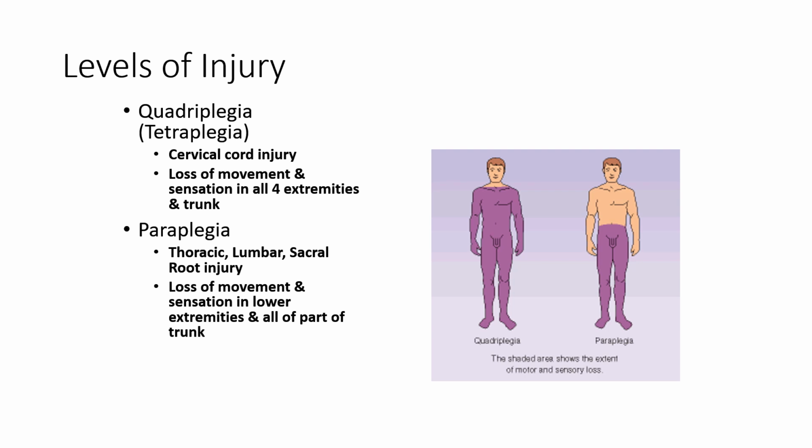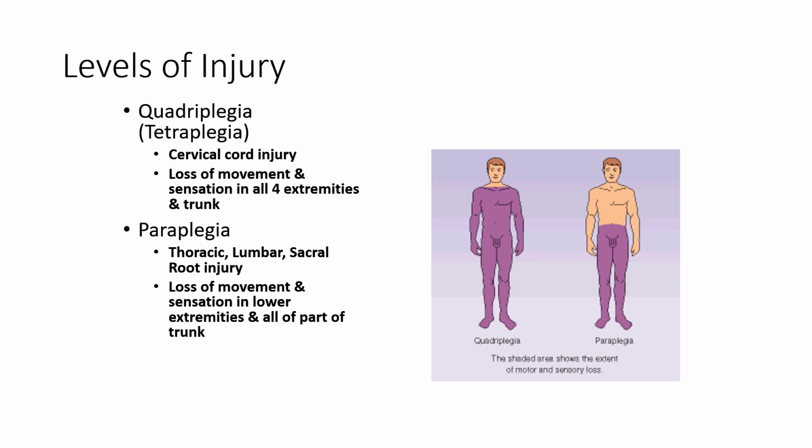C1 through C4 lesions will result in intercostal muscle and diaphragm paralysis. Patients with a C1, 2, or 3 injury will be mechanically ventilator dependent. At C4, which is around the level of the clavicle, the patient may be off the ventilator for short periods after they have been rehabilitated.